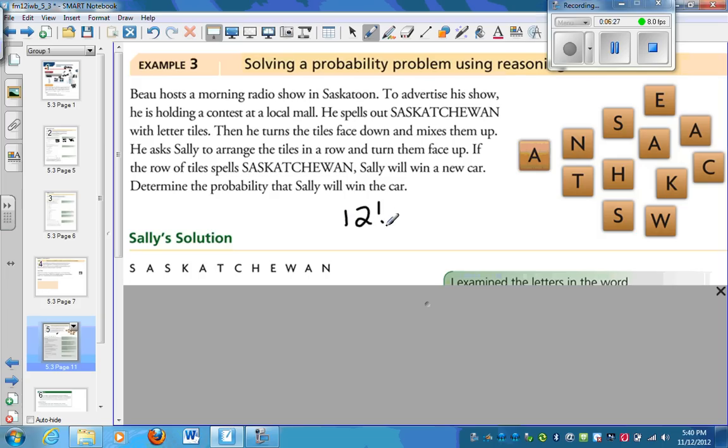So this is permutations. But we have some repetition. We have 2 S's. I'm just going to cross them off so I see. We have 3 A's. Is there anything else that's the same? I think that's it. So 12 factorial over 2 factorial times 3 factorial.